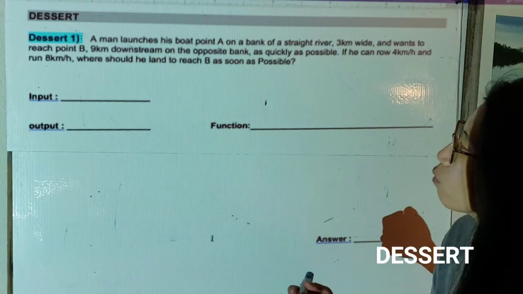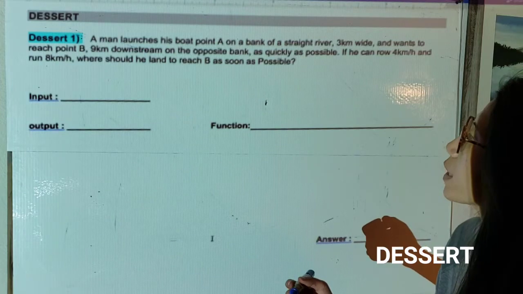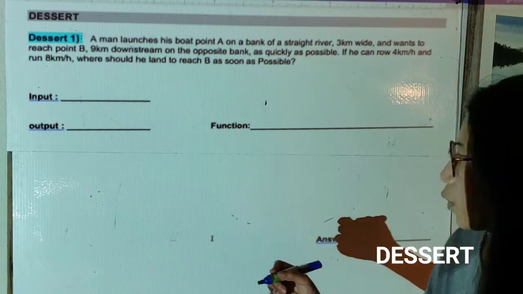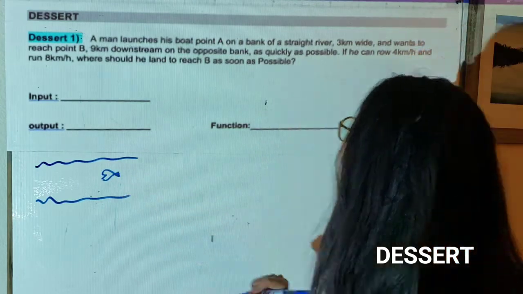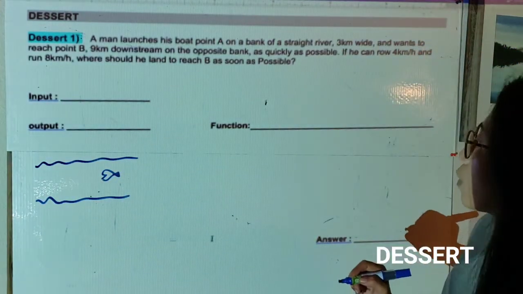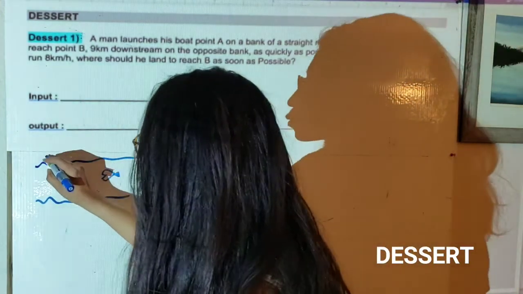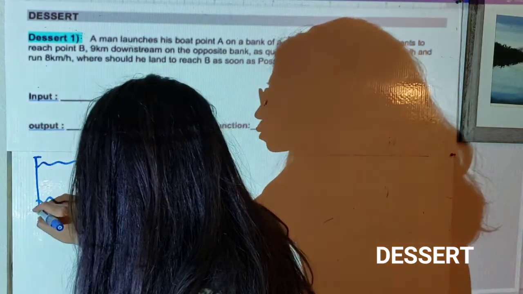A man launches his boat from point A on the bank of this river, which is 3 kilometers wide.